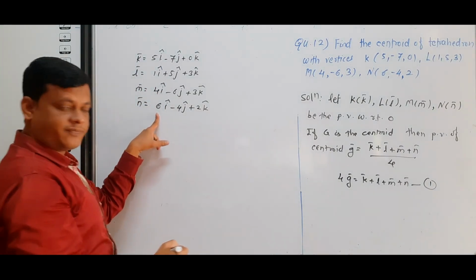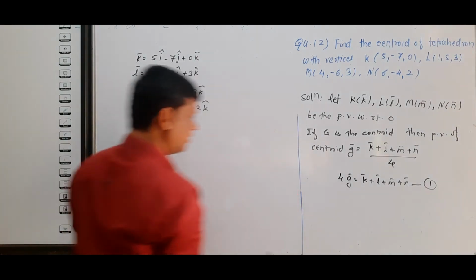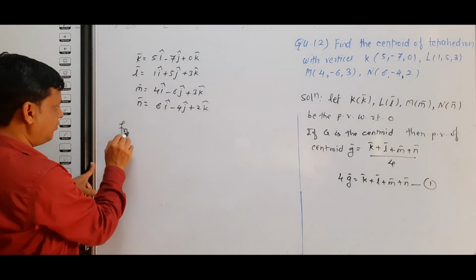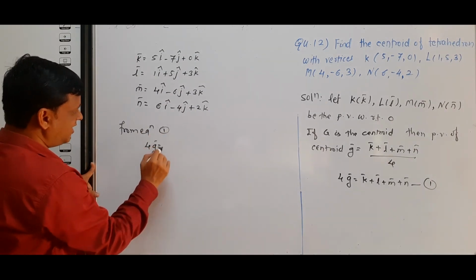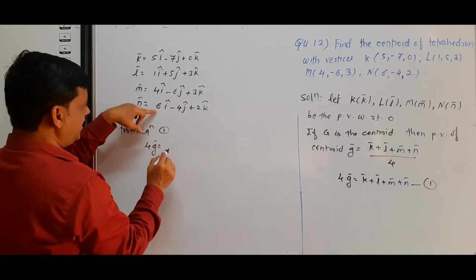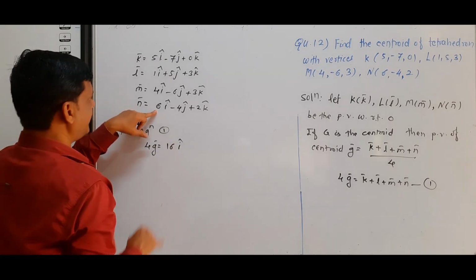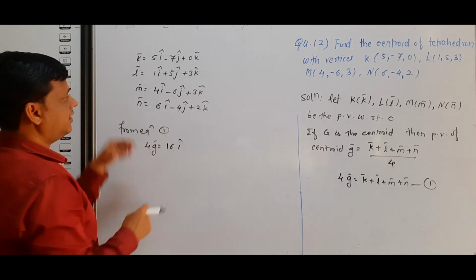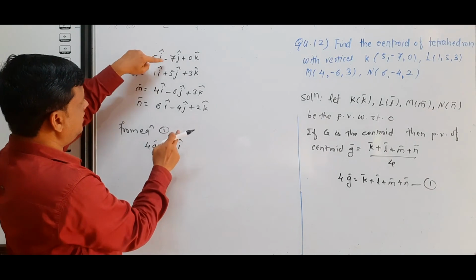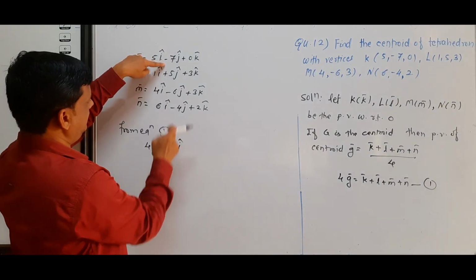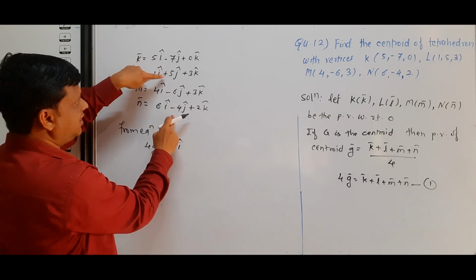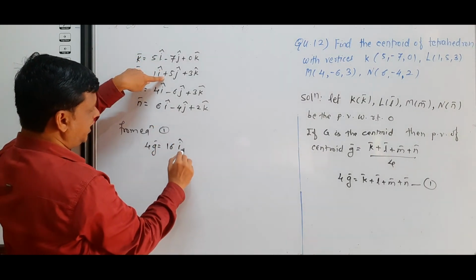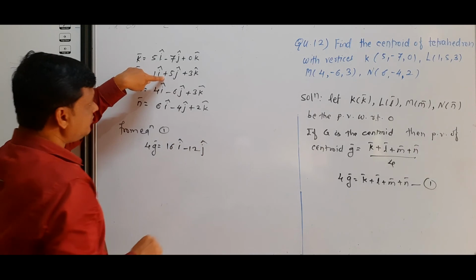So from equation 1, 4G bar is equal to, we directly write here 16i. Then the unit vector j: minus 7 minus 6, minus 13, plus 5, which gives minus 8j.